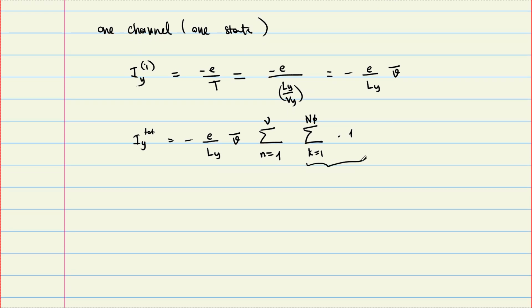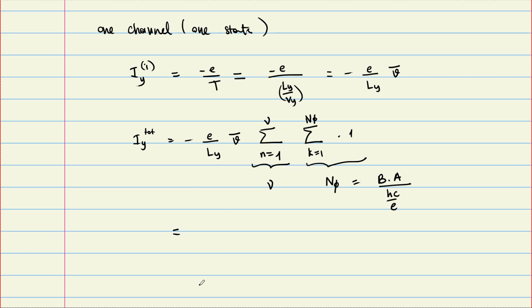So this piece is going to give us what we called n phi, and this piece is going to give us nu. And n phi was equal to B times the flux divided by hc over e.